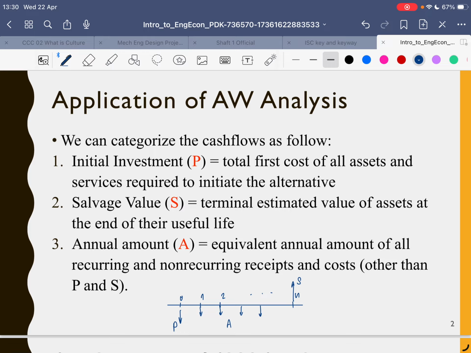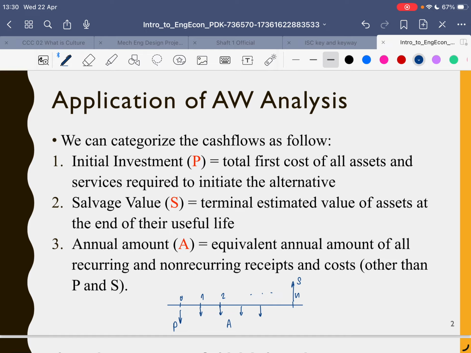So basically, capital recovery, or CR, is equal to, you do not consider the annual expense at all.